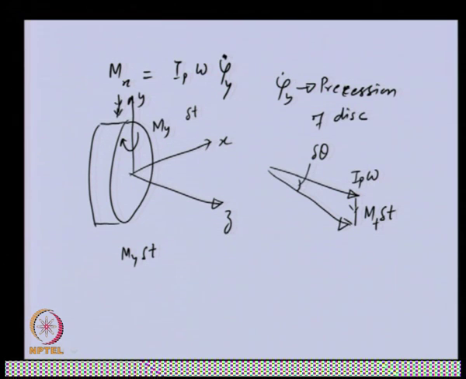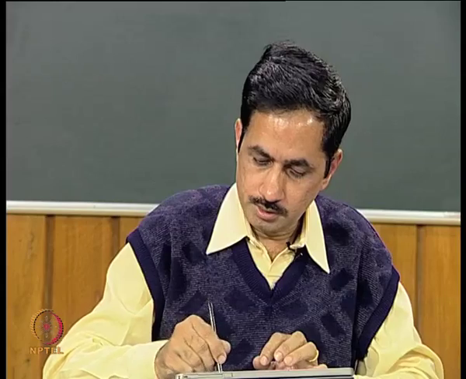So from this we can relate this particular vector which is in y direction to the change in angular momentum due to this tilt, and we can write this as, in this particular case, the sign is opposite because this particular displacement is in the positive direction.